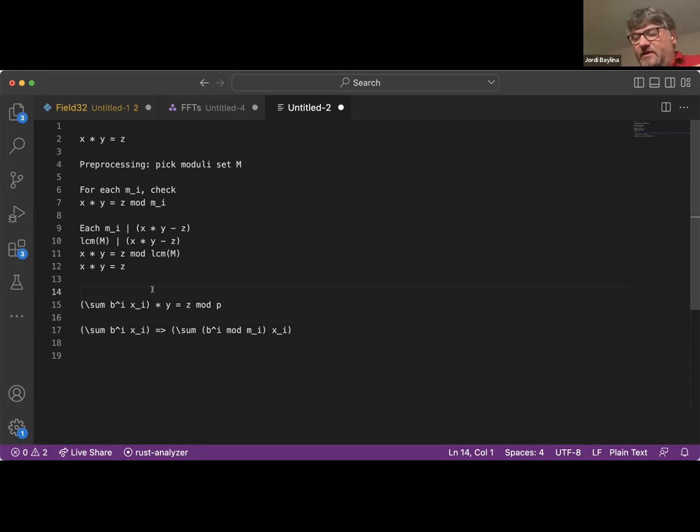When we do the multiplication, we go to chunks of 32 bits, so we need to reduce these 32 bits back to 16 bits.